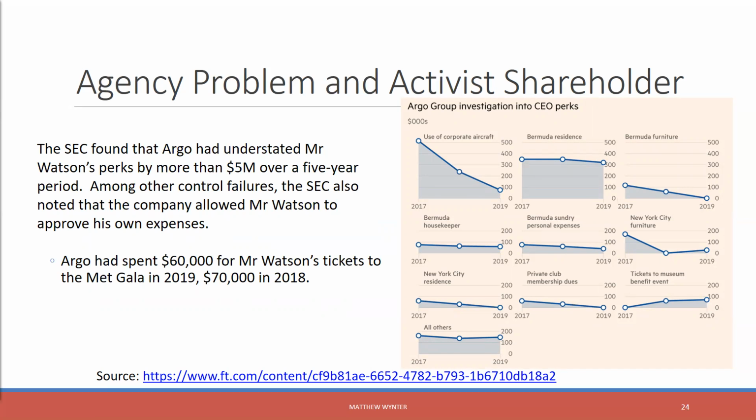Among other failures of control, the SEC also noted that the company allowed Mr. Watson to approve his own expenses. For example, in 2019, Argo spent $60K for Mr. Watson to get tickets to the Met Gala. In 2018, they spent $70,000 for him to get tickets to the Met Gala.